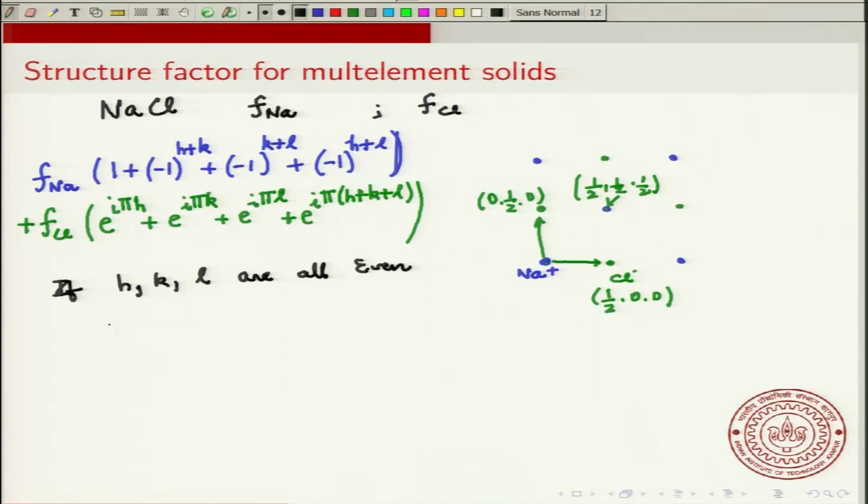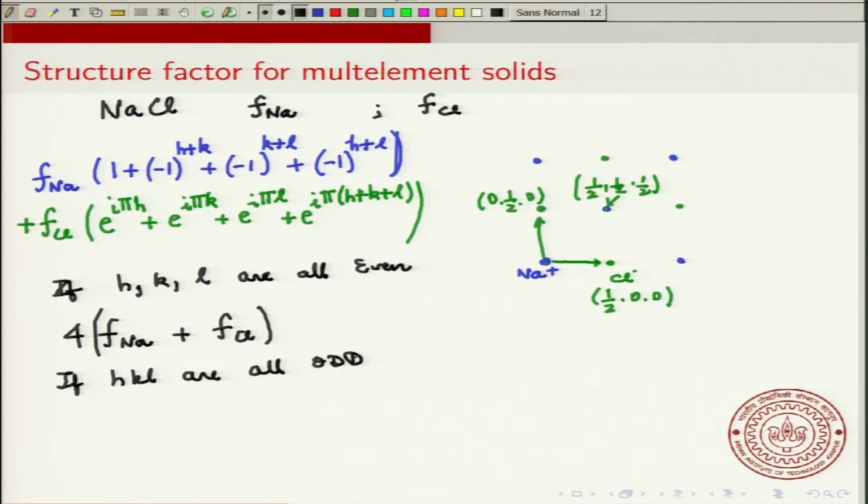So, then the structure factor will be 4 f Na plus 4 f Cl, and that will be the maximum of the intensity. Now, if h, k, l are all odd, then the structure factor will be 4 f Na, plus now in this case minus 4 f Cl.